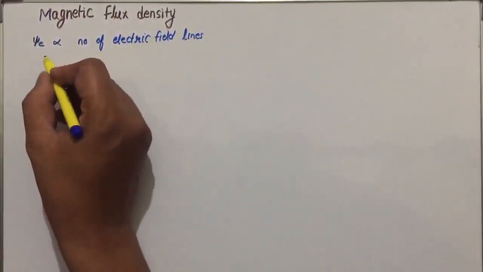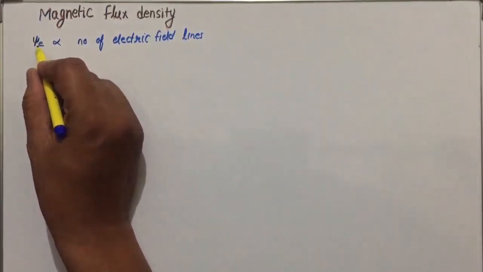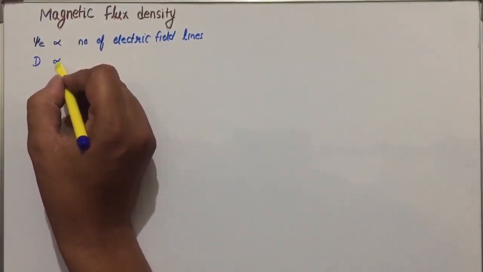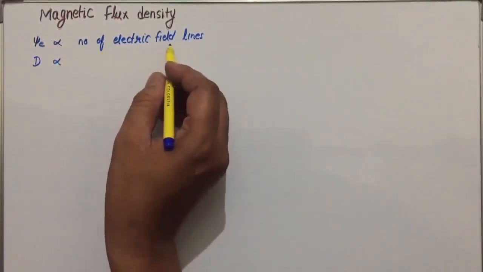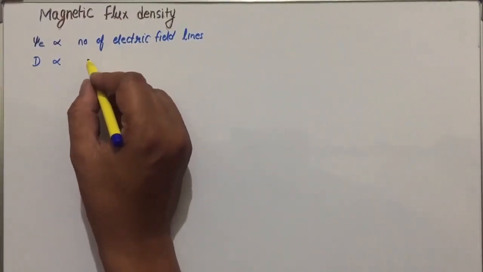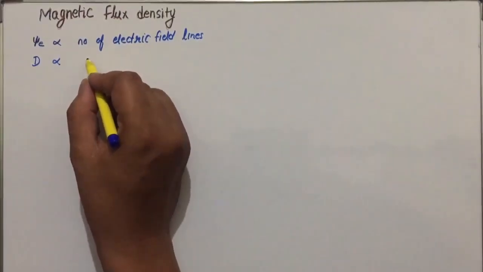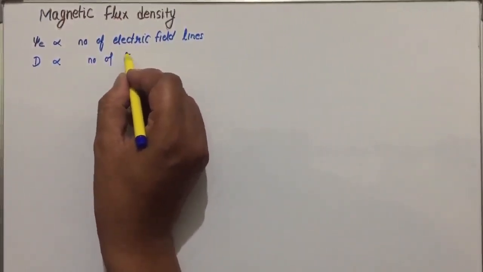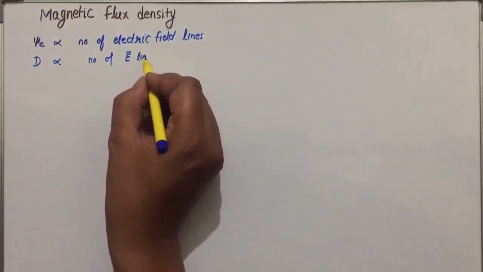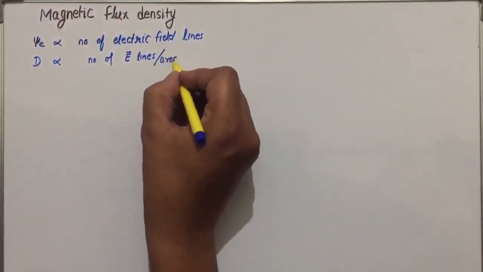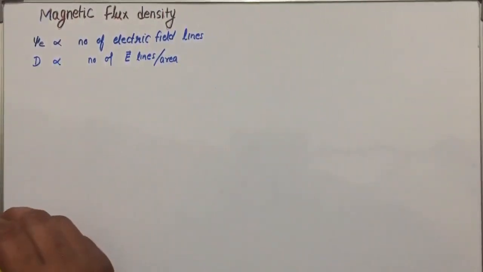Similarly, the flux density was proportional to the number of electric field lines per unit area. So that we have studied in electrostatics.